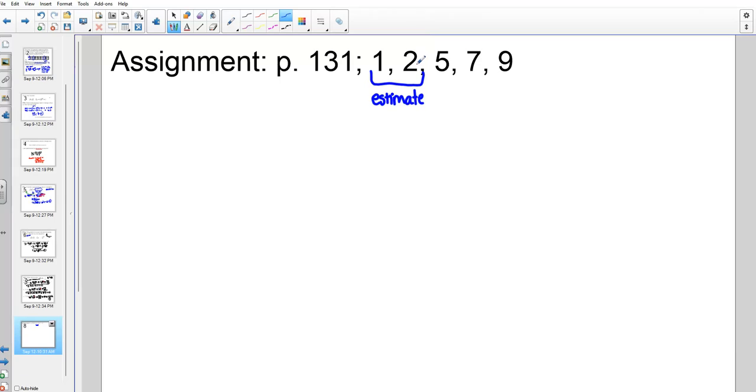For 5, 7, and 9, it asks you to find the slope of the tangent line to the graph of the function at the given point. So, slope of the tangent line to the graph at the given point is the derivative. So you're using that limit definition of a derivative.